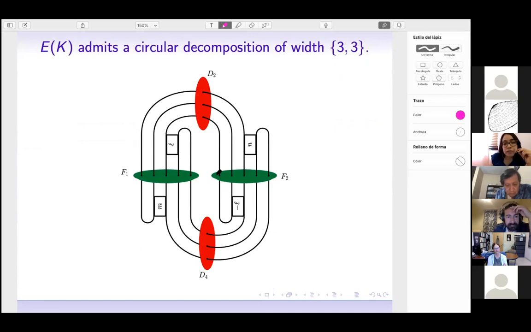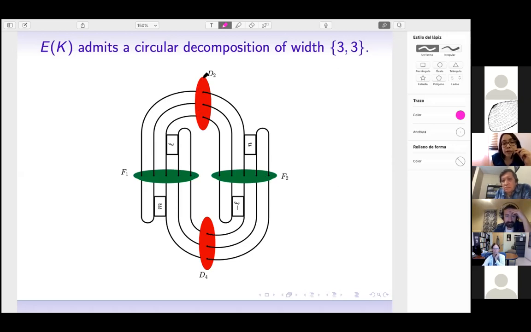And if we consider this position, we will have the green disk, which intersects the knot L in 5 points. So this disk leads to a surface of genus 2.